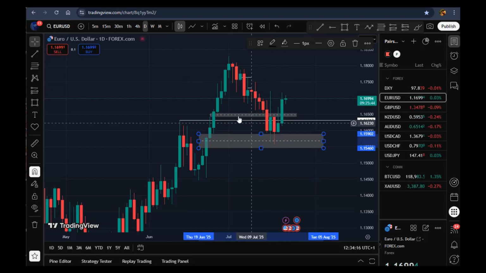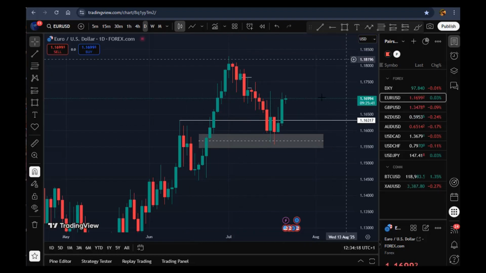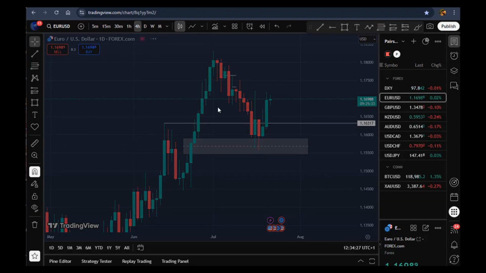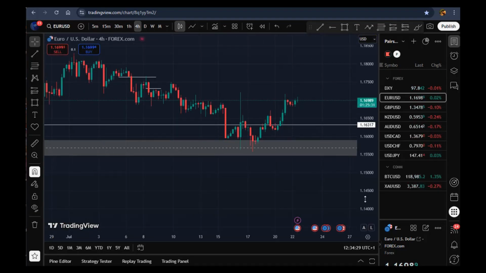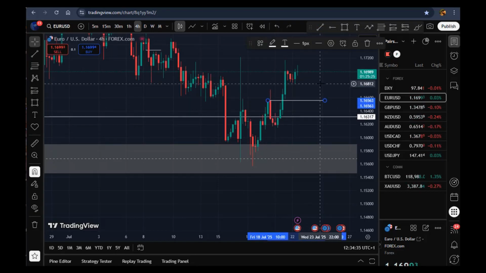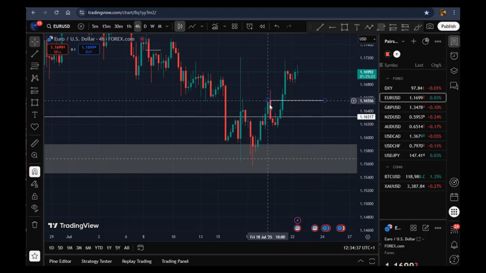Now the amazing thing is we have seen a reaction off of that level, which is showing us that the level is holding. So what we are waiting for now is to go into the lower time frame and look for a retracement into this old mitigation block, this last two up close, last three down close candle before this prior move higher.